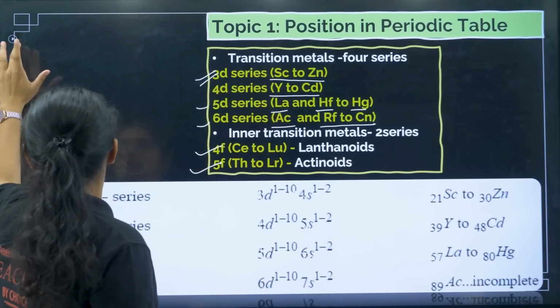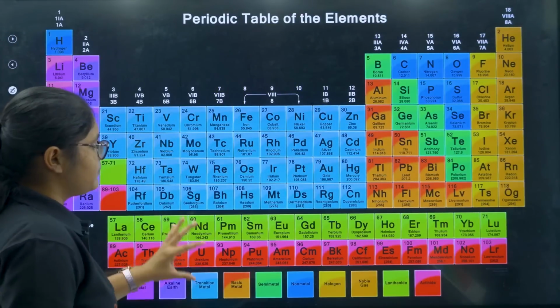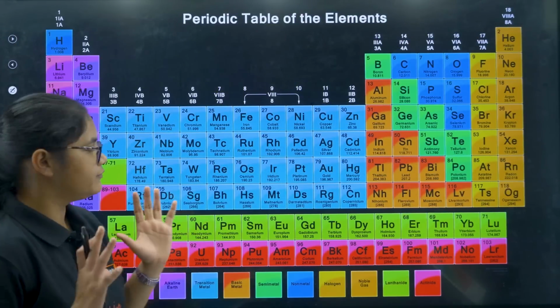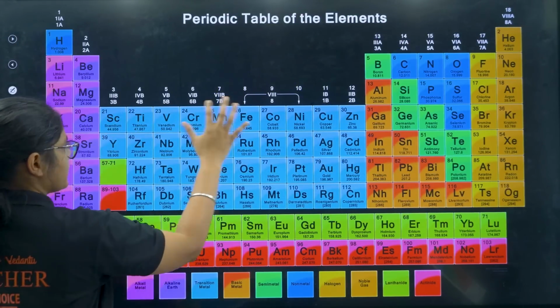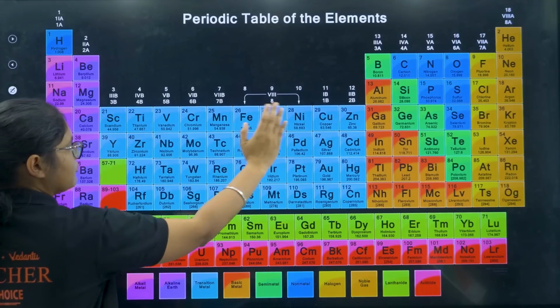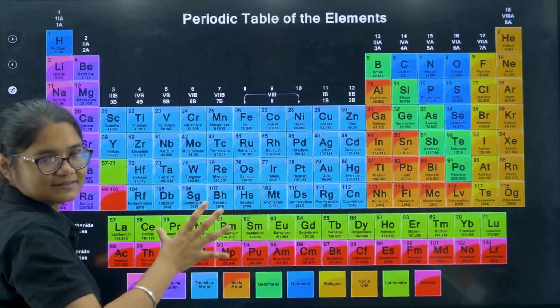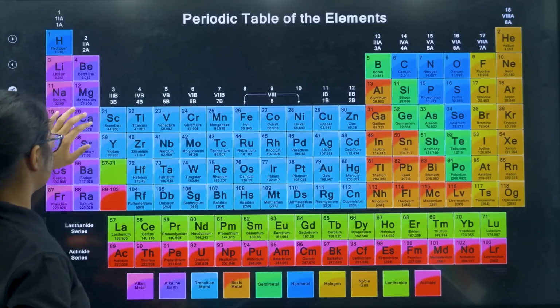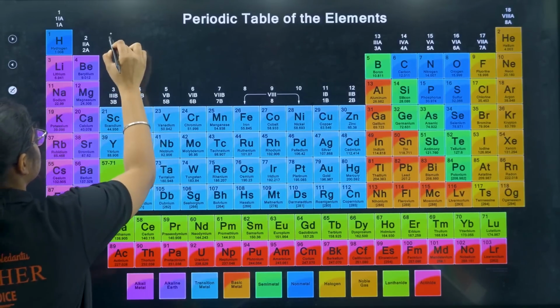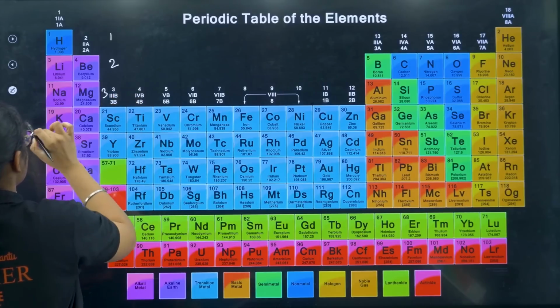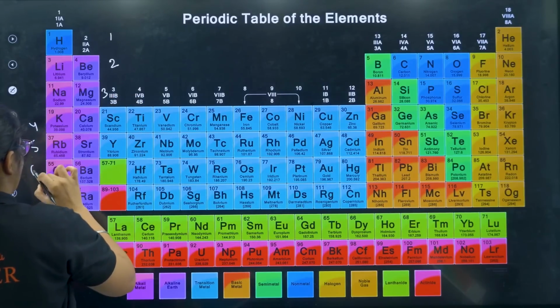Now you can see the periodic table. Let me explain this part very clearly. This middle blue colored part is your D block. Here you see scandium. This is the first period, second, third, fourth, fifth and sixth period.